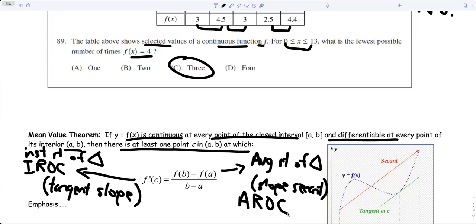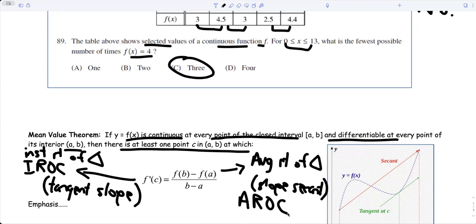Okay, so hold on. Here's what mean value theorem says. If a function is continuous and differentiable on a closed interval, then at some point the instantaneous rate of change has to equal the average rate of change.